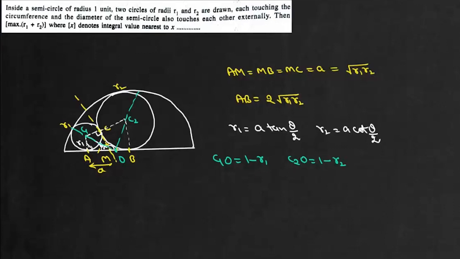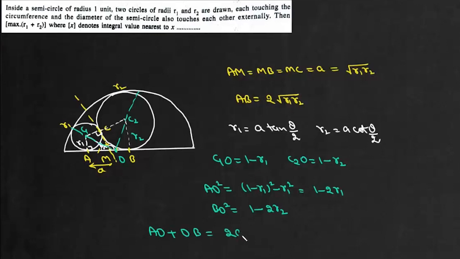Now this AC1 is r1 and BC2 is r2. Then from here we can write AO square will be 1 minus r1 square minus r1 square. So it will be 1 minus 2r1, and the same way BO square is 1 minus 2r2. Now we know that AO plus OB is AB and AB is 2a.